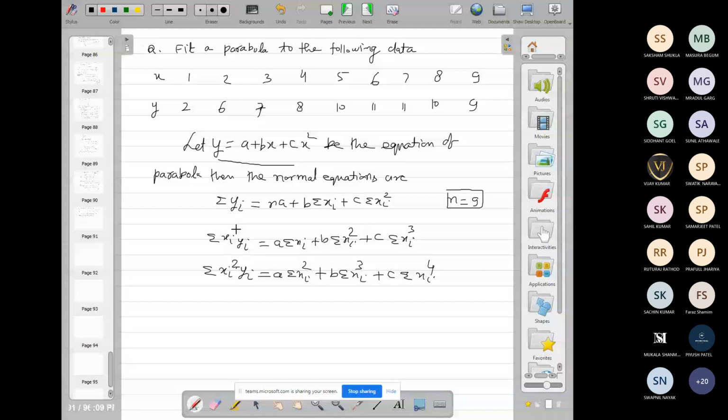You find the table, calculate these values, substitute them and solve for a, b and c. After determining a, b, c, put the values in this. Suppose this is 1 and this system of equations is 2. So solve 2 and substitute the values obtained from 2 in 1. So we can obtain the required parabola. Solve it.